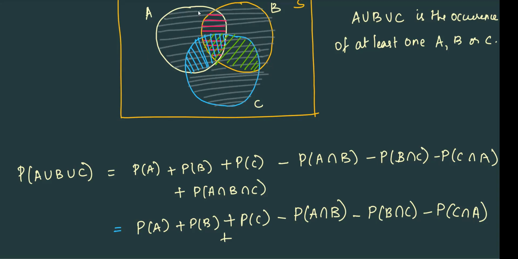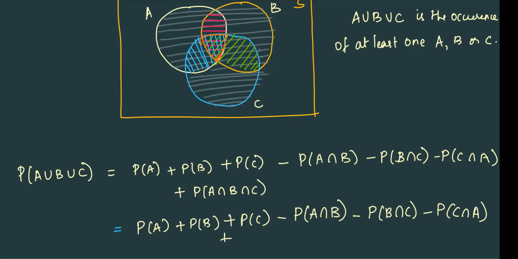So now this middle portion here, this particular middle portion here is an interesting portion. Now this portion is included with A, included with B, included with C, removed from A intersection B, removed from B intersection C, and removed from C intersection A. So in the process, we have included this region thrice and we have excluded it thrice.